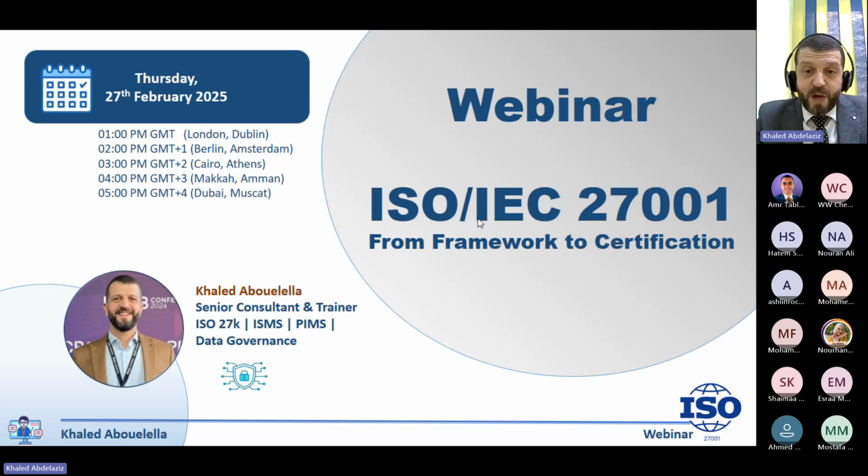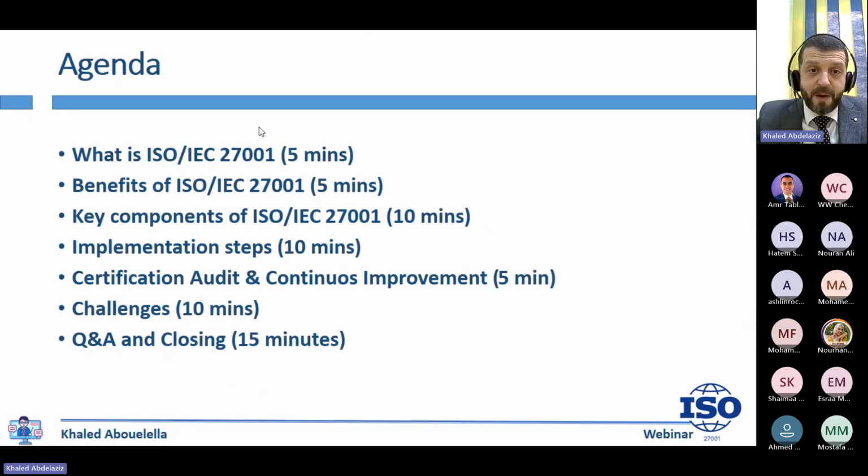Now, let's move to our agenda for today. Our agenda will cover what ISO 27001 is, what the outcome is, what the benefits of implementing ISO 27001 are, the key components of ISO 27001, and then the journey for the implementation and the certification audit.